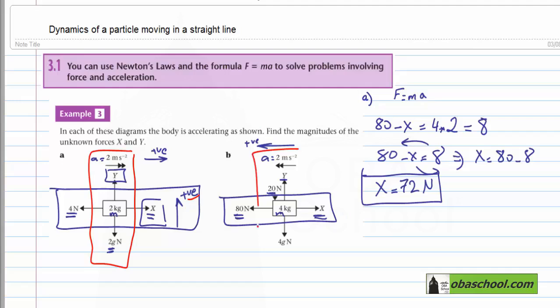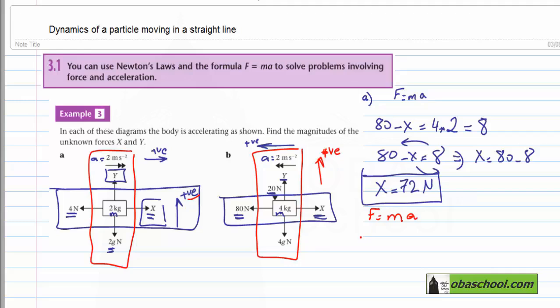Next, to find the force y, let's apply Newton's second law along the y-axis. Set the positive direction along the y-axis to be upwards, since there is no acceleration along the y-axis. So we set it in the same direction as the unknown force y. Then let's check the forces along the y-axis and sum them up. So F net is equal to ma.